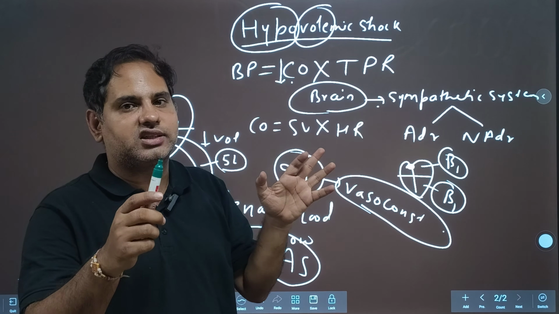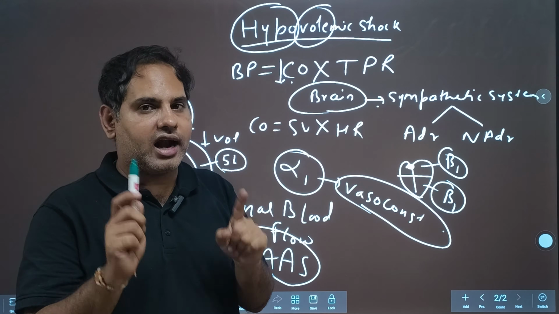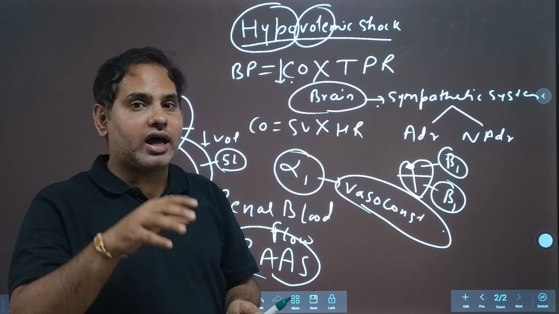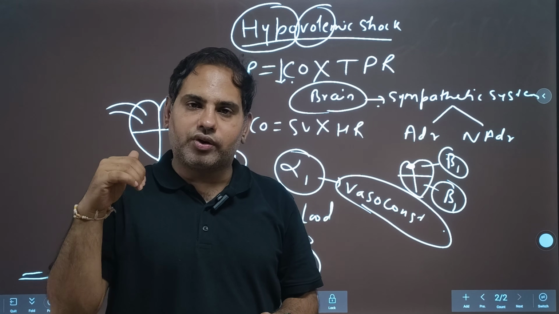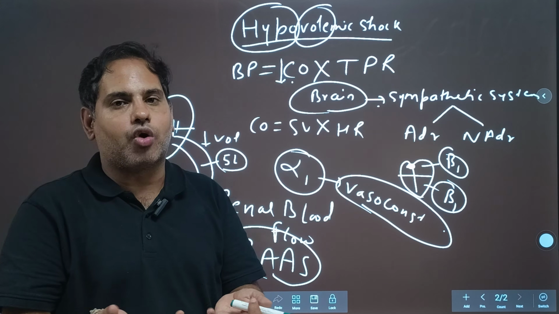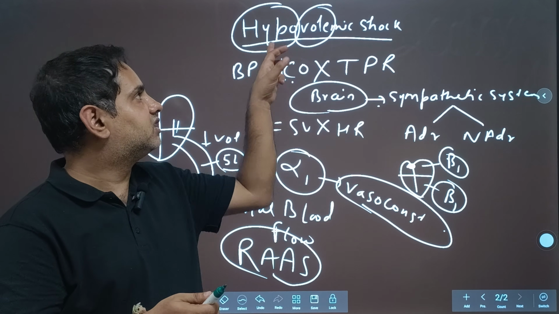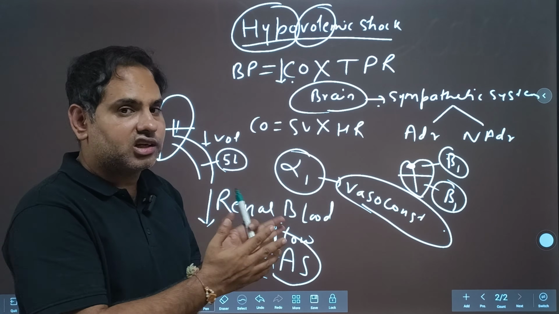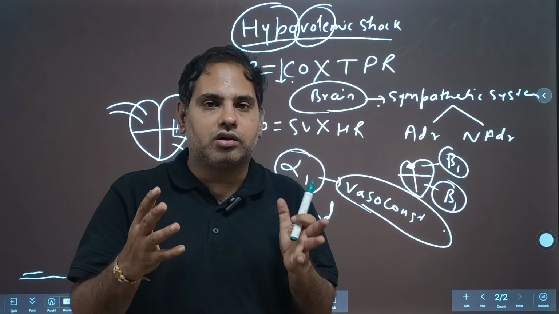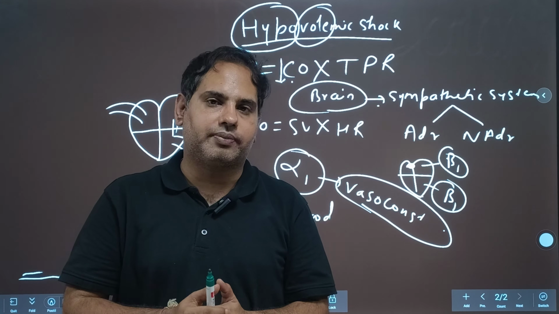So renin-angiotensin system activation, particularly aldosterone, is going to do the reabsorption of more sodium and water, and more reabsorption of sodium and water will increase the blood volume, and that is required because this is a hypovolemic shock. You want to increase the blood volume. So these are the stages where the body is trying its best to maintain your blood pressure.